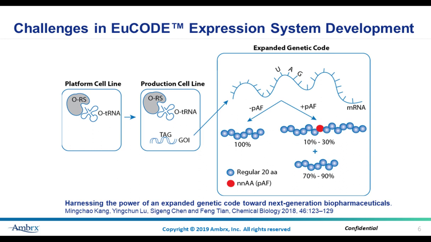In the presence of pAF, cells can produce full-length proteins, but the suppression rate is only about 10 to 30%. It means that improving productivity is going to be challenging down the road in process development.